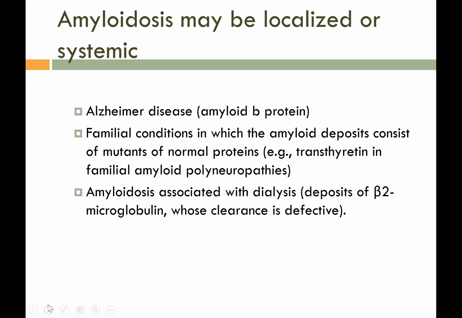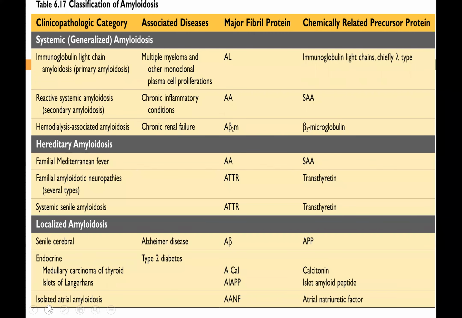So I have here, for example, Alzheimer's, familial conditions with amyloid deposits, and amyloidosis associated with dialysis, as I mentioned a while ago, particularly beta-2 microglobulin. So you have this table 6-17, which enumerates the classification of amyloidosis, and the major fibril protein is also indicated in the third column.